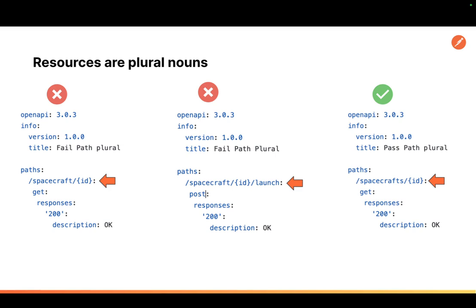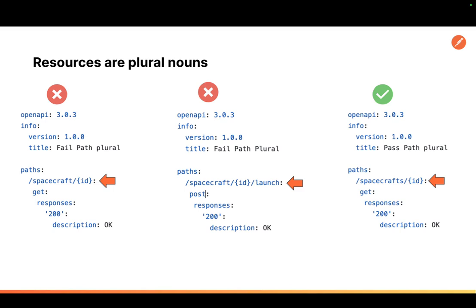Let's go to some more tricky ones. Resources are always plural nouns. So let's say that we want to expose an API about spacecrafts. The resource name should be plural, so spacecrafts, instead of the one on the left, spacecraft.